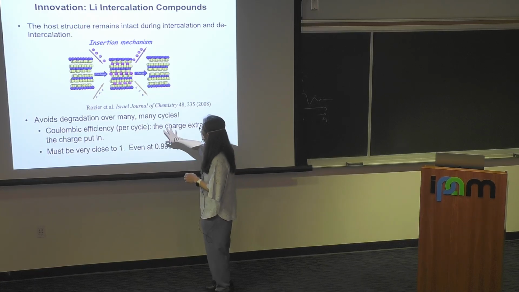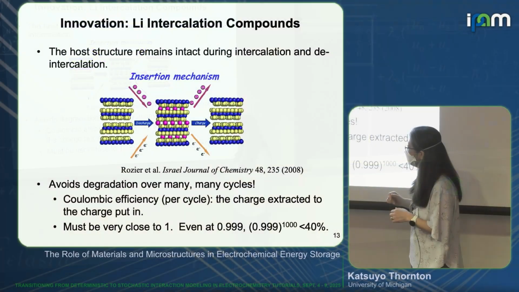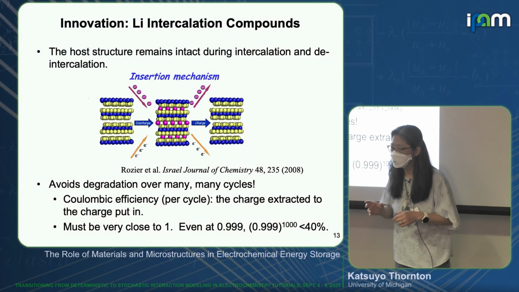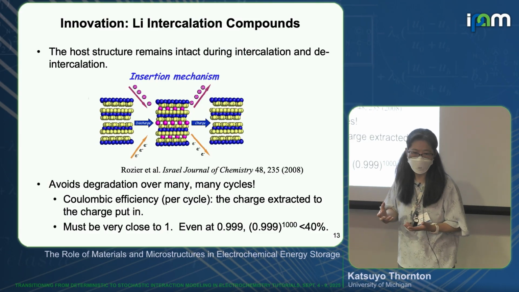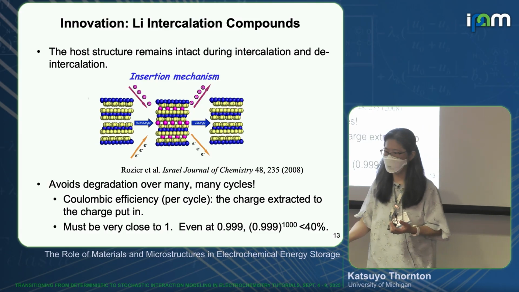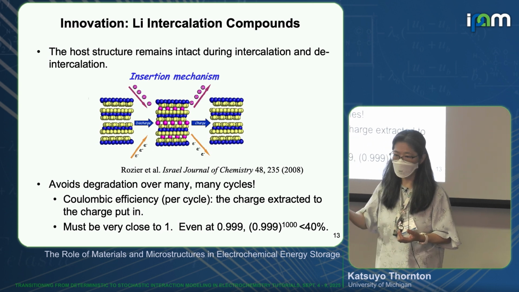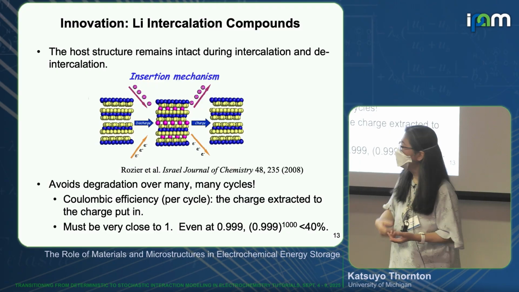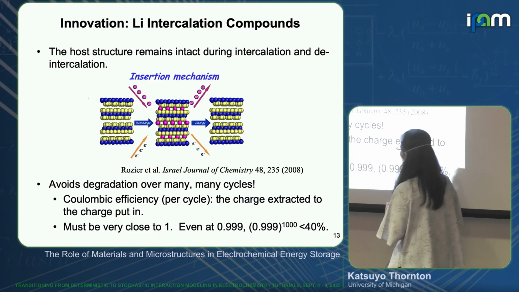And the coulombic efficiency is defined by the charge extracted over the charge you put in. So if it's significantly lower than 1, it's a problem, right? Because every single time you charge and discharge, you end up losing some portion of it.